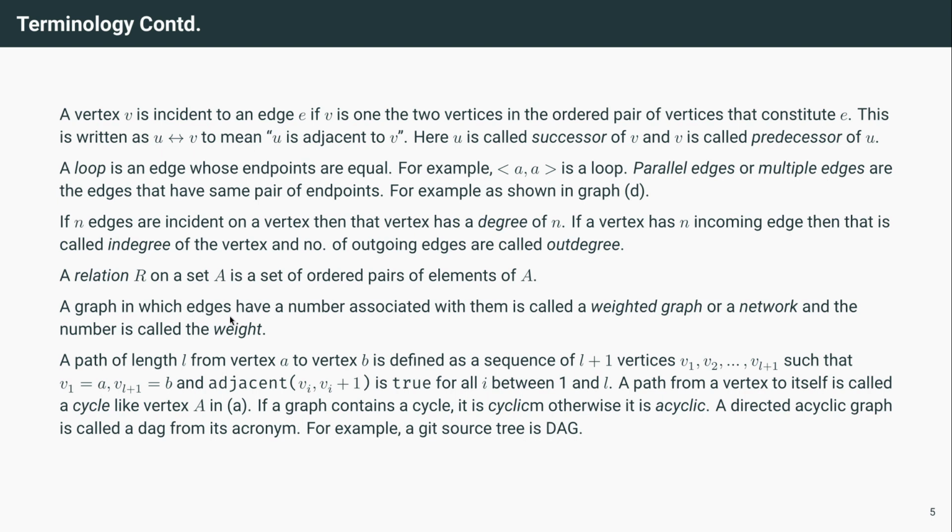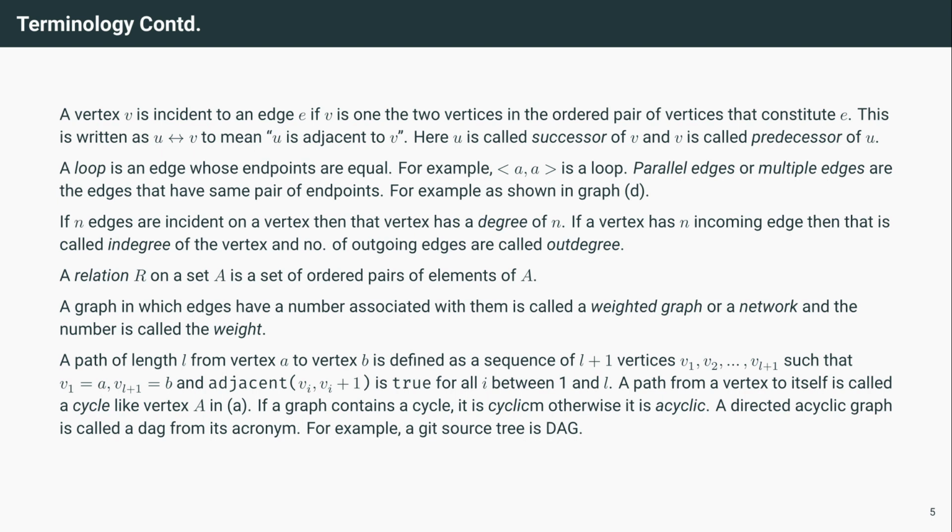A graph in which edges have a number associated with them is called a weighted graph or network, and the number is called the weight. For example, if you consider the internet, then the routers would form this, and the distance between the routers would be the weight.